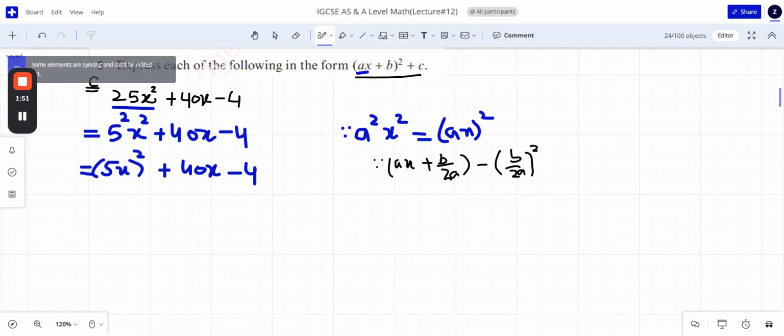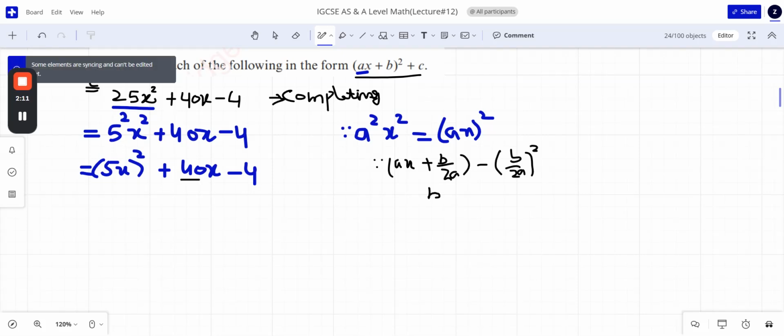So now, what is b over 2a? b is the coefficient of x. So in this question, the coefficient of x is 40.